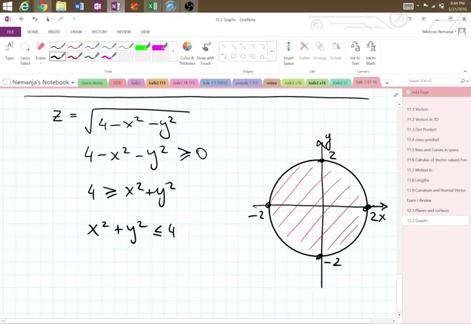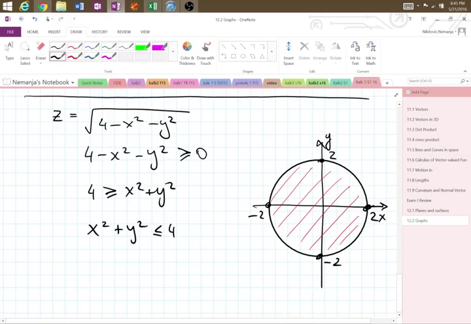Now I'm going to ask you, because you should know, what is the shape, the z shape? What is it? Half a sphere. Top half of the sphere. Because there should be a plus minus in front of the square root if you want both halves of the sphere.